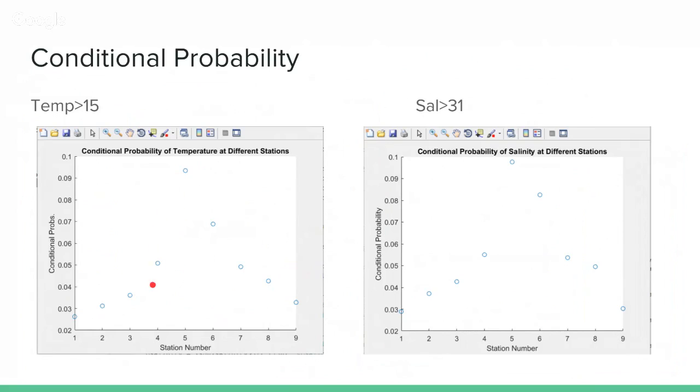If you add all these up, it would still be lower than the conditional probability found at the Santa Ana River and in the south. Same here with the salinity. So basically, the conditional probability of the north is less than the conditional probability of the Santa Ana River and the southern stations.